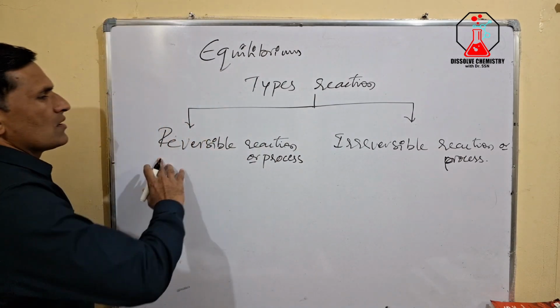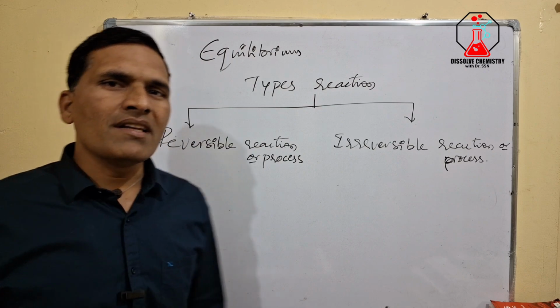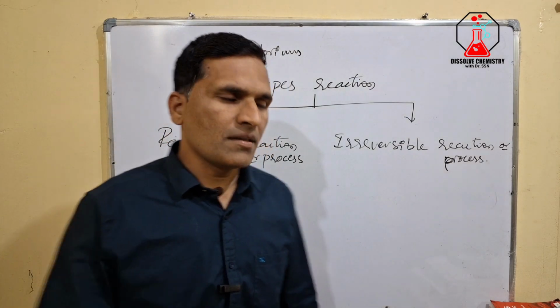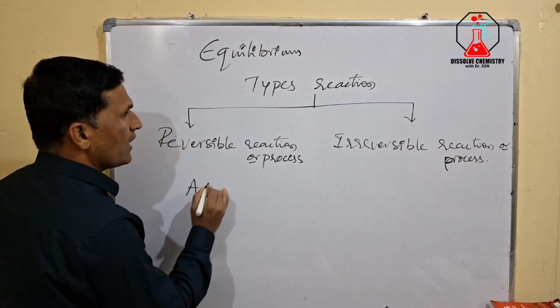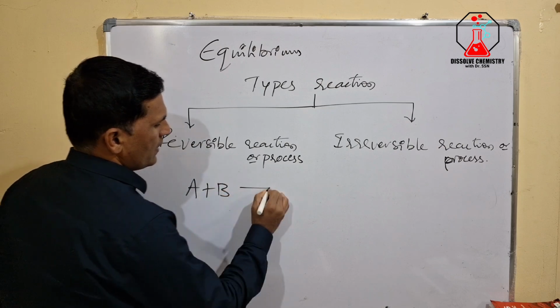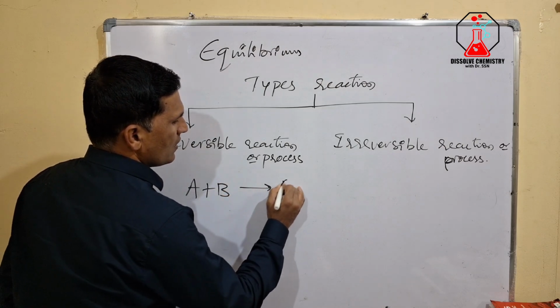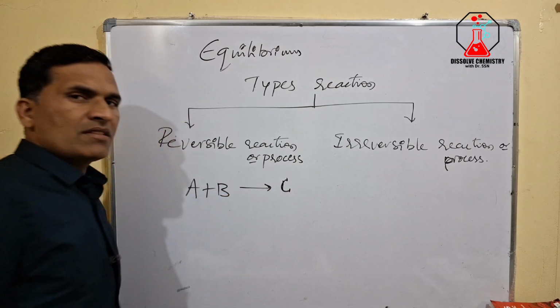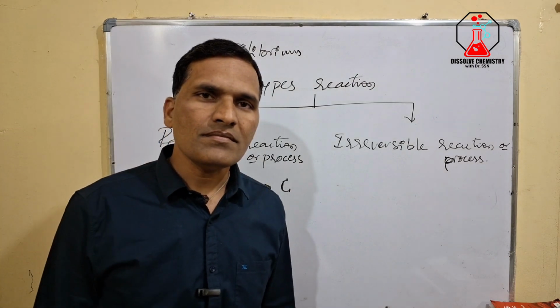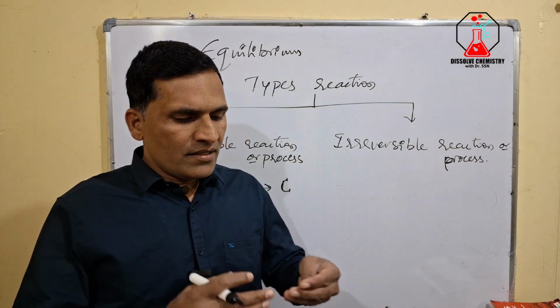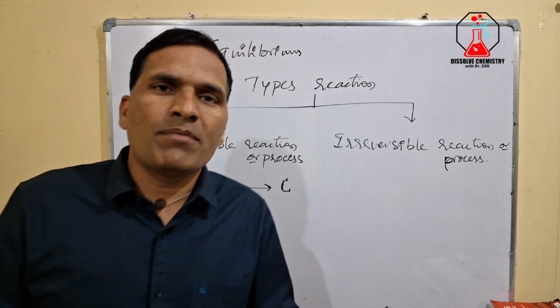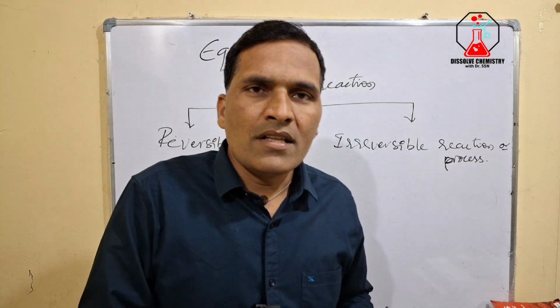So reversible reaction or process means what? Suppose you consider a reaction as an example. Now, A combines with B to form C. After certain conversion of A plus B to C, what happens?